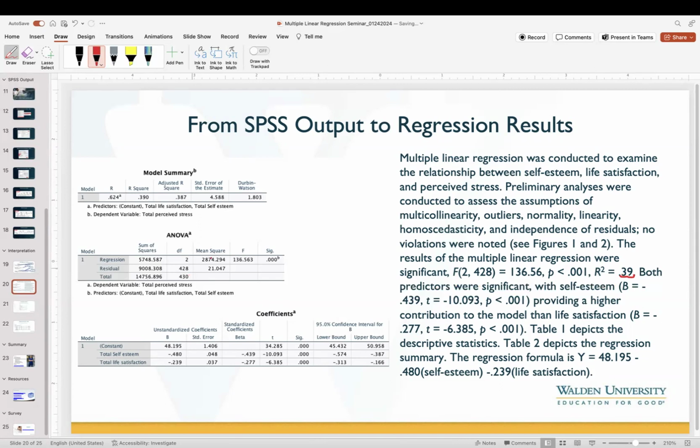So in other words, these two predictors account for 39% of the variance in total perceived stress. So basically, that's the measure of effect size. And you can state that the R-squared value indicates that this model accounts for 39% of the variance. You don't have to put that in text, but you can, if you want to be that overachiever that you are. Okay?